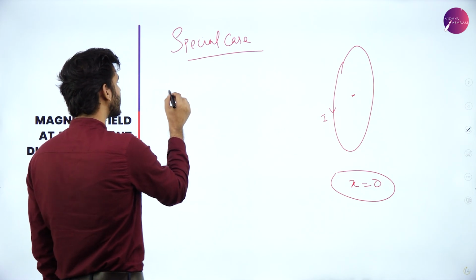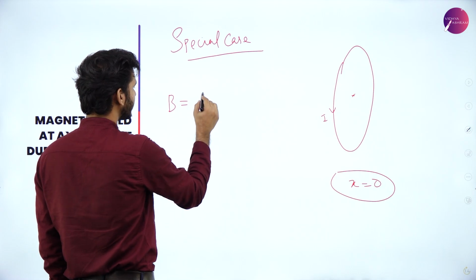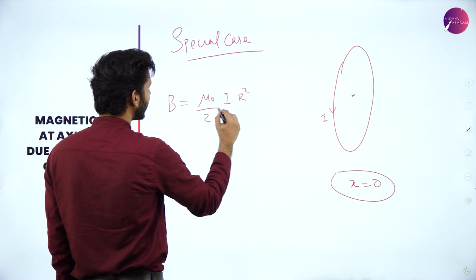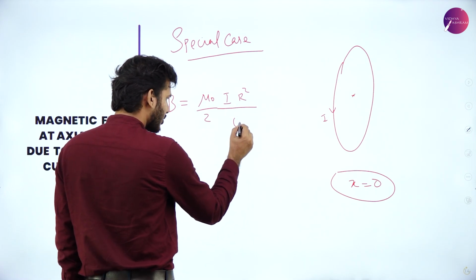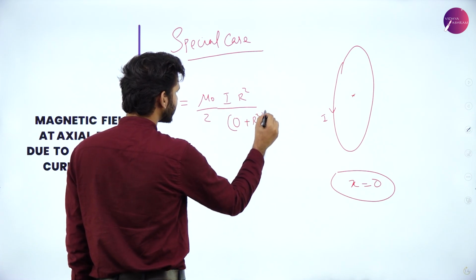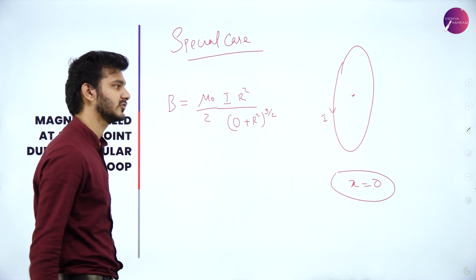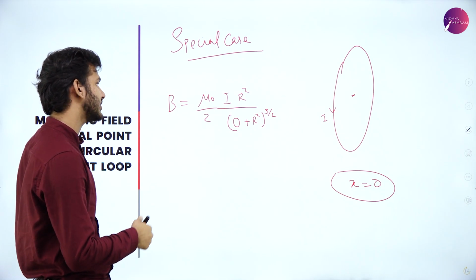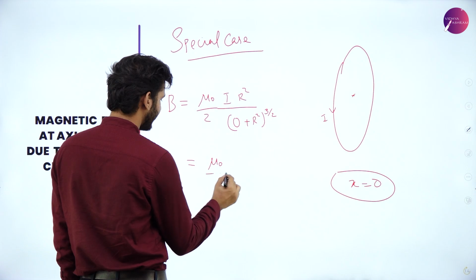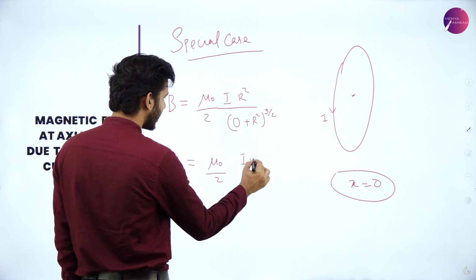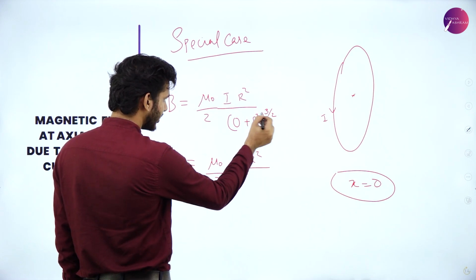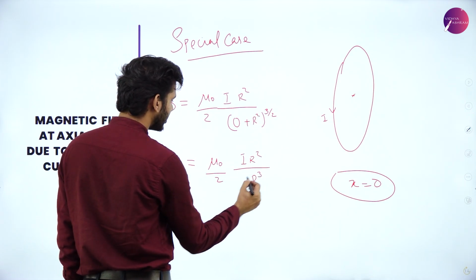So we already know the equation for the magnetic field, that is equal to mu naught divided by 2 I r square divided by x square plus r square whole raised to 3 by 2. Here x is 0. So we can write it as mu naught divided by 2 I r square divided by, this will be equal to r cube.